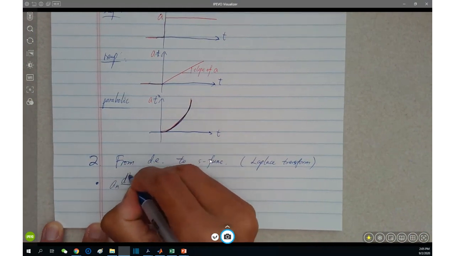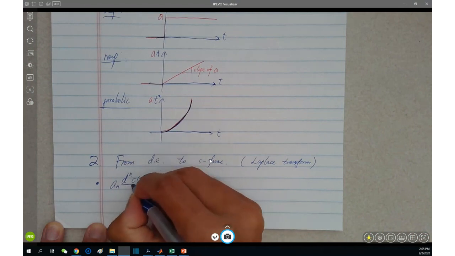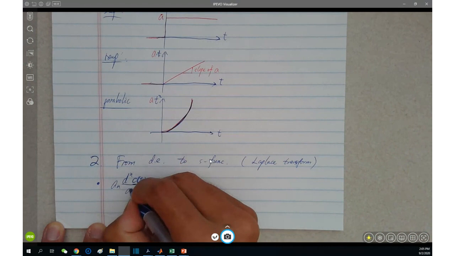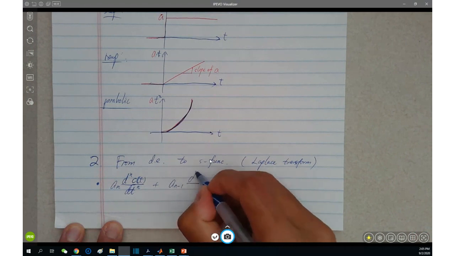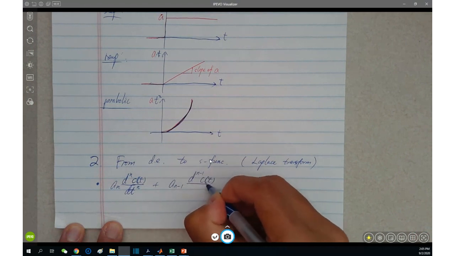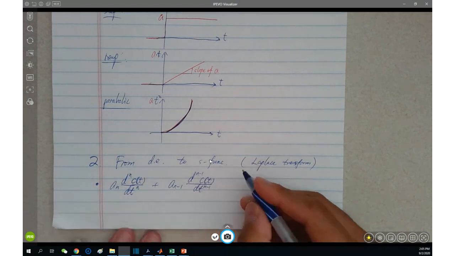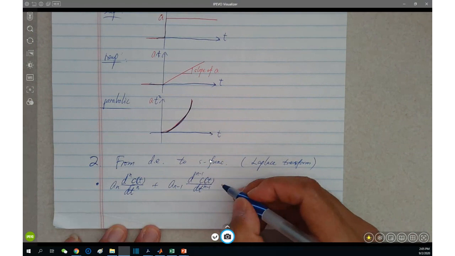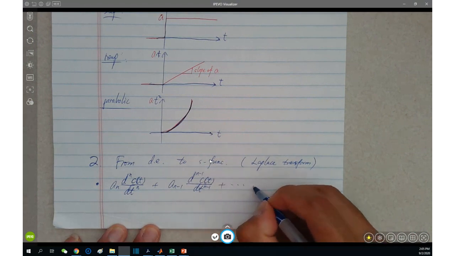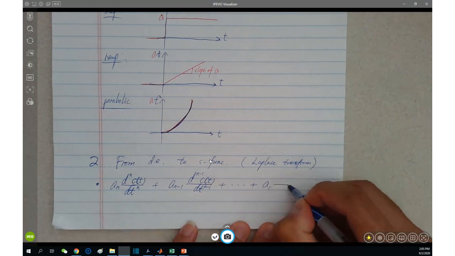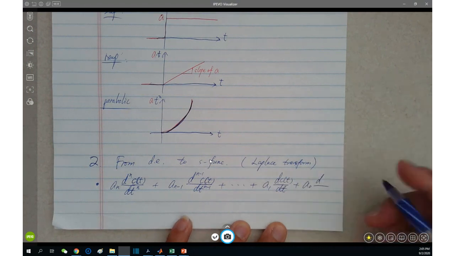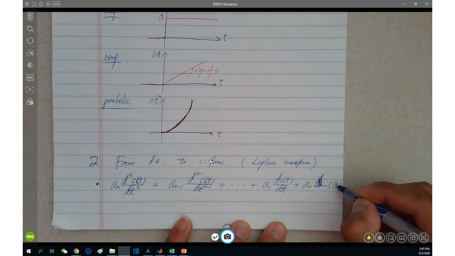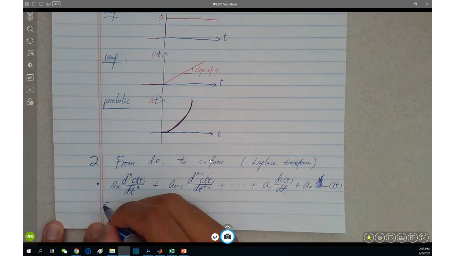The order of this differential equation is obviously n.